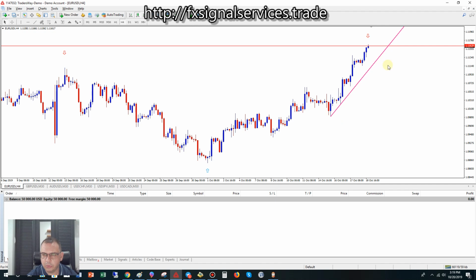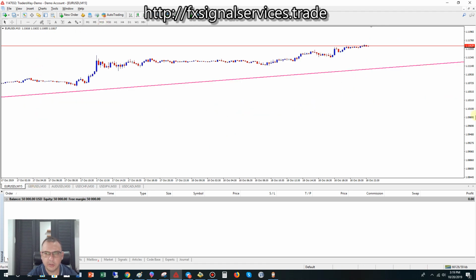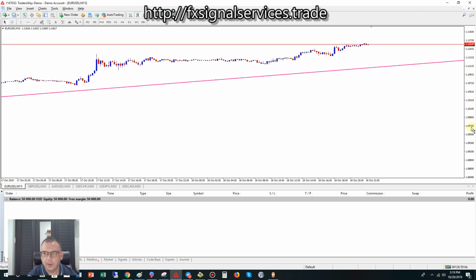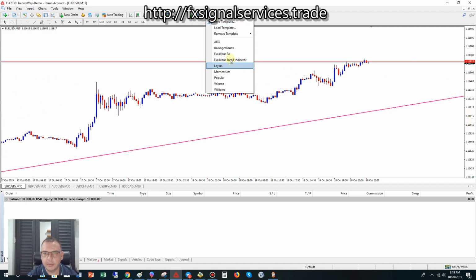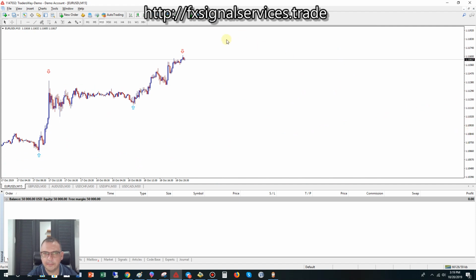If this trend line breaks, then we have a solid downtrend coming. But I honestly do not foresee that. If I was you, I would look for buy opportunities only, especially on a 15-minute chart. Wait for this to drop, and then you can place a buy trade, okay?